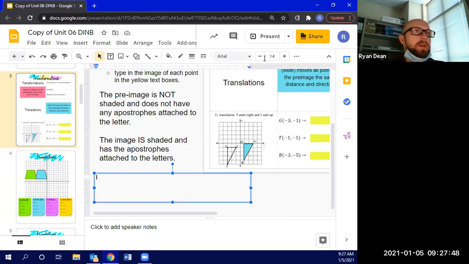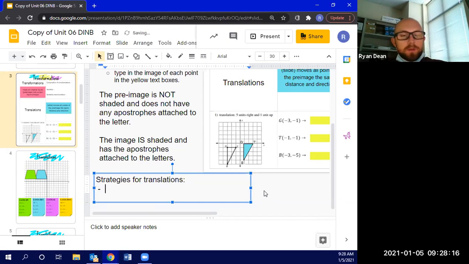Okay, now the second thing that we talked about was how we move our shapes. Okay, so there's a few different things that you can do, okay? And these are just strategies for solving translations. Okay, the first one being that you can hop.